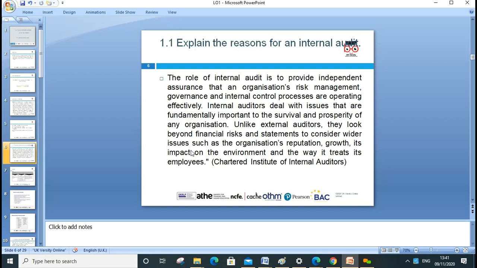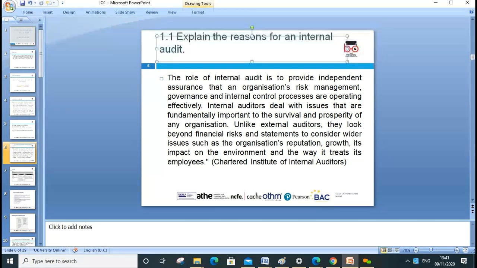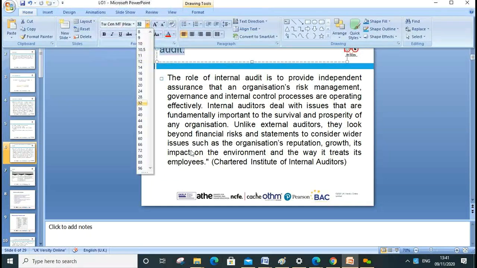The role of internal audit is to provide independent assurance. Audit is always independent, which is why the auditor has a lot of power. Especially in developing countries, people keep quite a close relationship with auditors, those who do the audit.